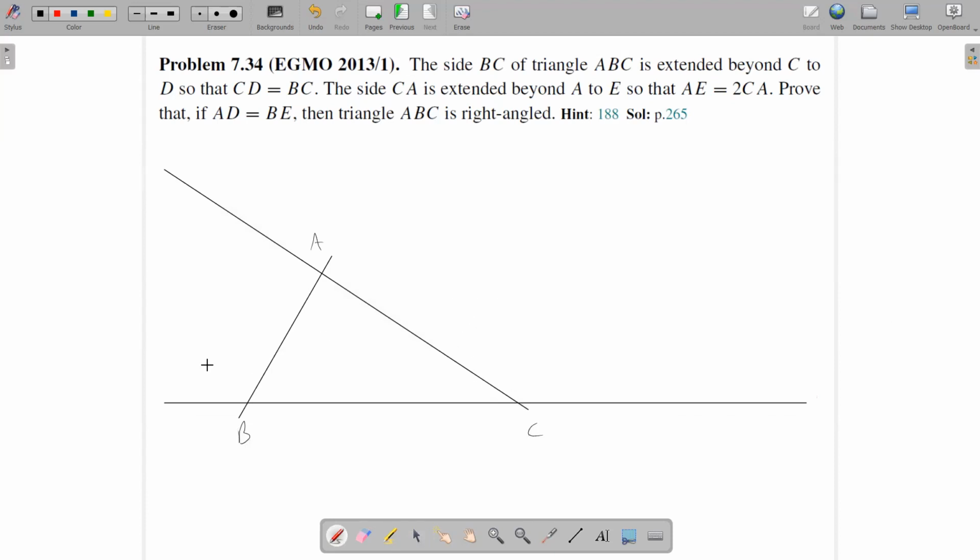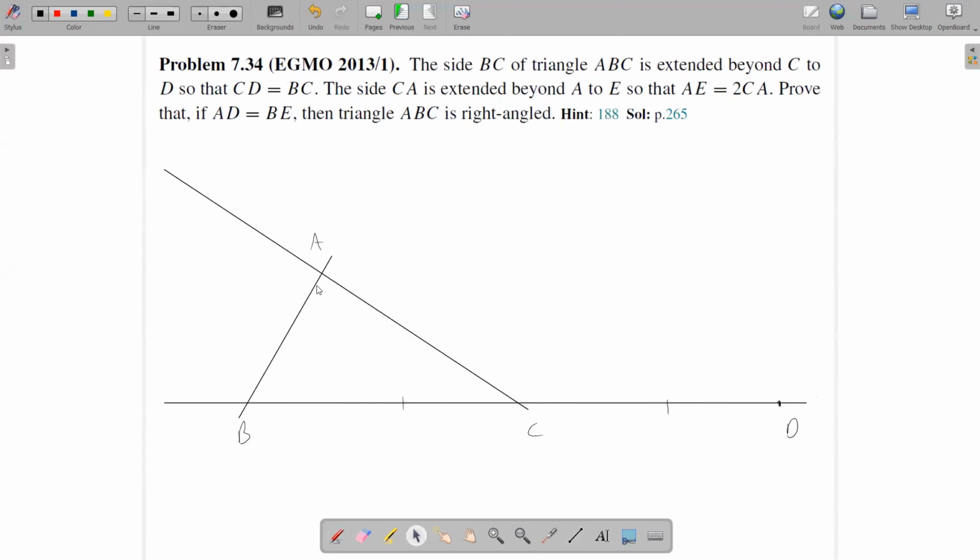Okay, so D is on this line so that BC equals CD. So D is about here. This equals this. And E such that AE equals 2CA. So oops, E is very far away.